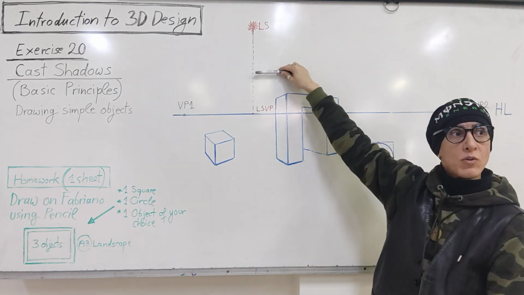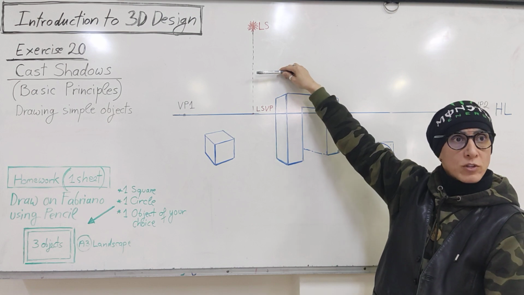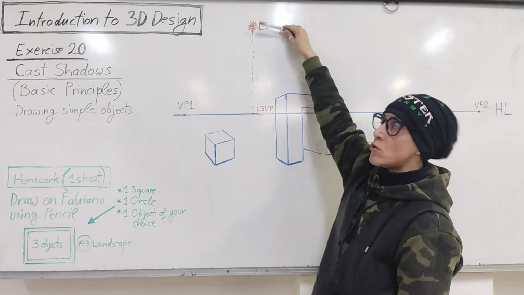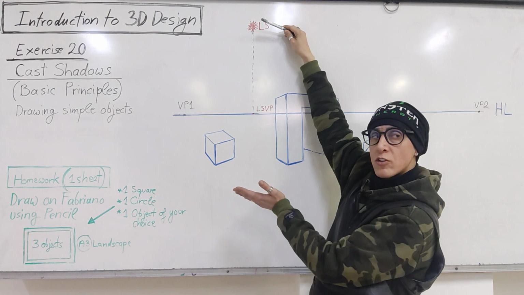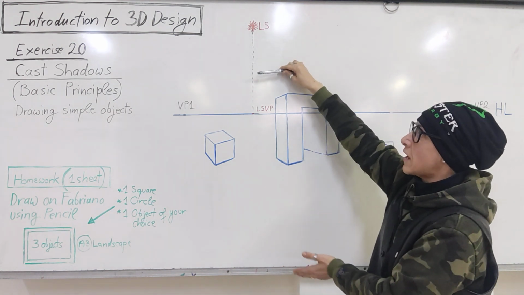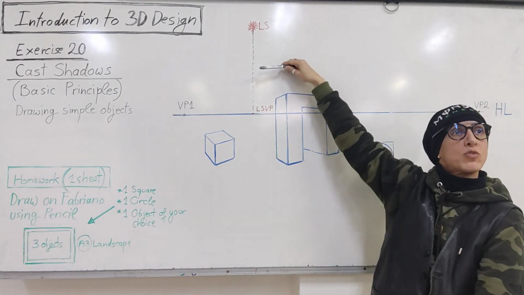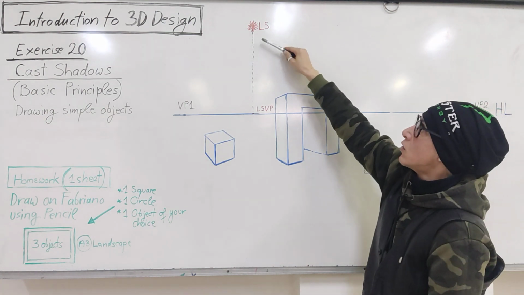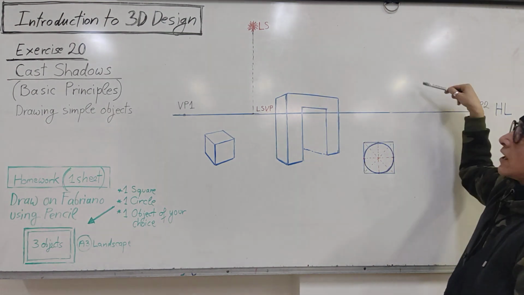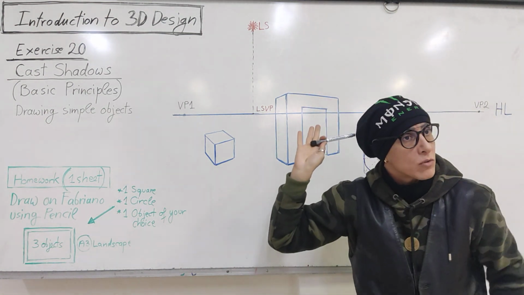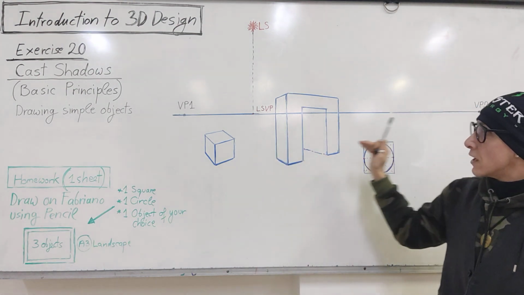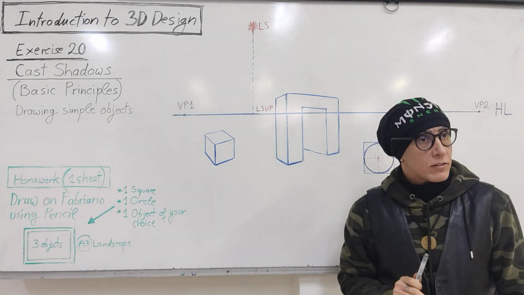If I move it down, the shadows will look different. The more I move it up, the shorter the shadows will become. The more I move it down, the longer the shadows will appear, okay? I can put the light source anywhere, and every time the shadow will look different, okay?